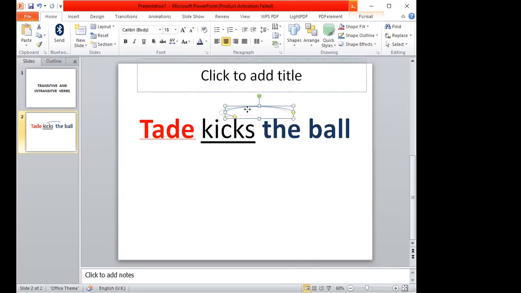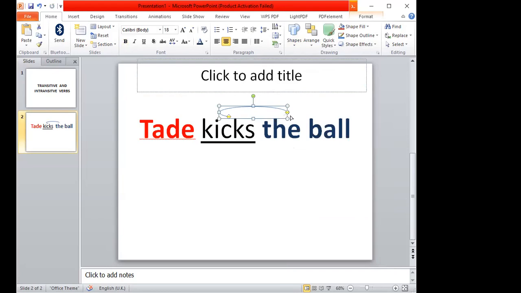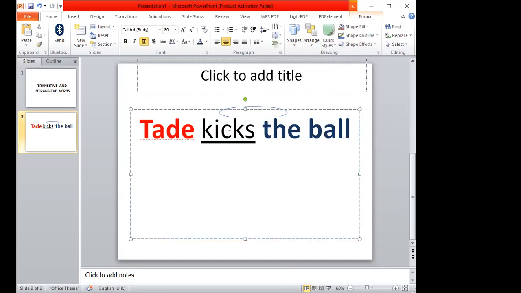This verb, kicks, is working with the object, the ball. Now, we can say that this particular verb here is a transitive verb. Why? Because it can easily transfer its action as carried out by the subject onto the object.